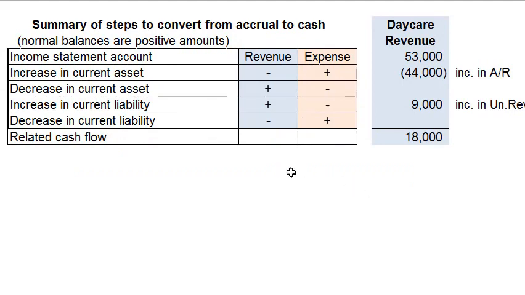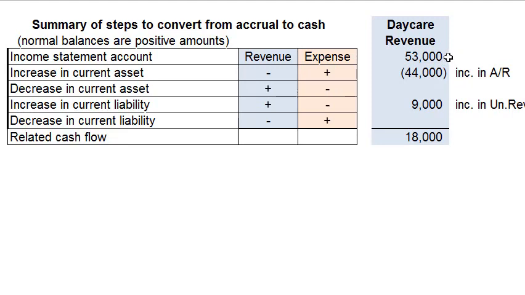Okay, well, let's go ahead and use this little tool on the sample daycare information, and we'll start with that daycare revenue account. Since we're doing an accrual to cash flop on a revenue account, we only use this column of our tool. We'll only use the expense column when we're converting an expense account. So the daycare revenue account, go back and take a look at the income statement. On the income statement, daycare revenue was $53,000.